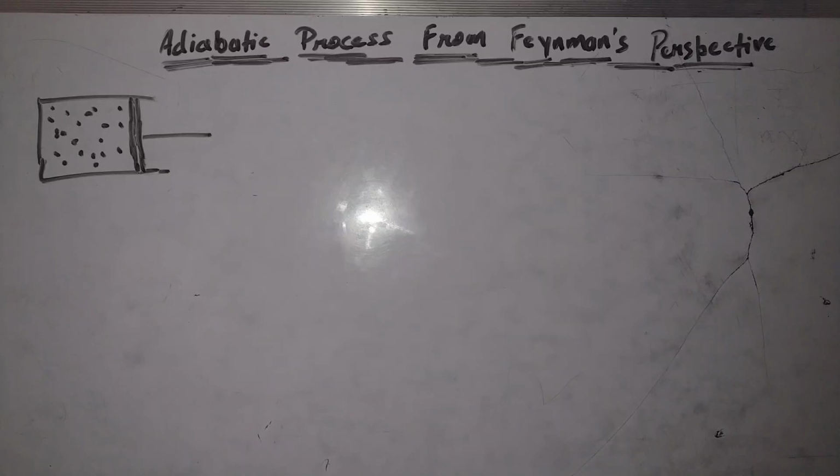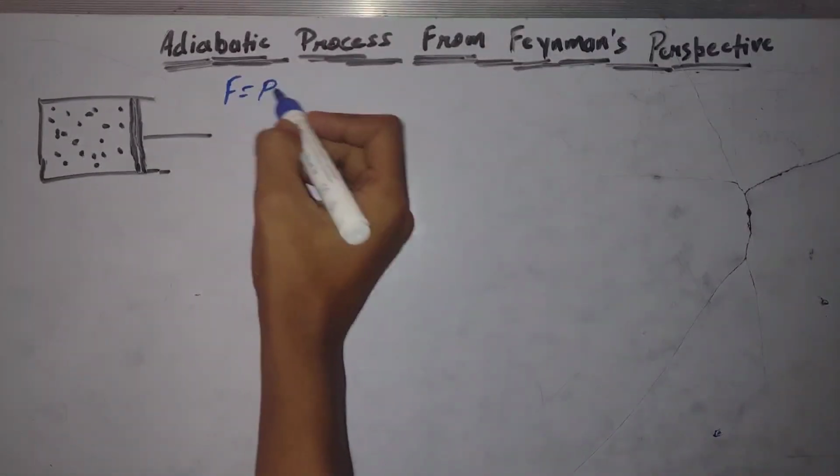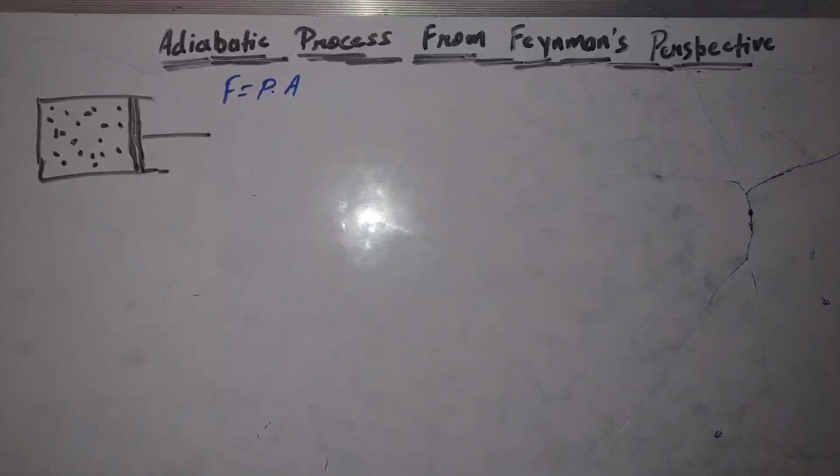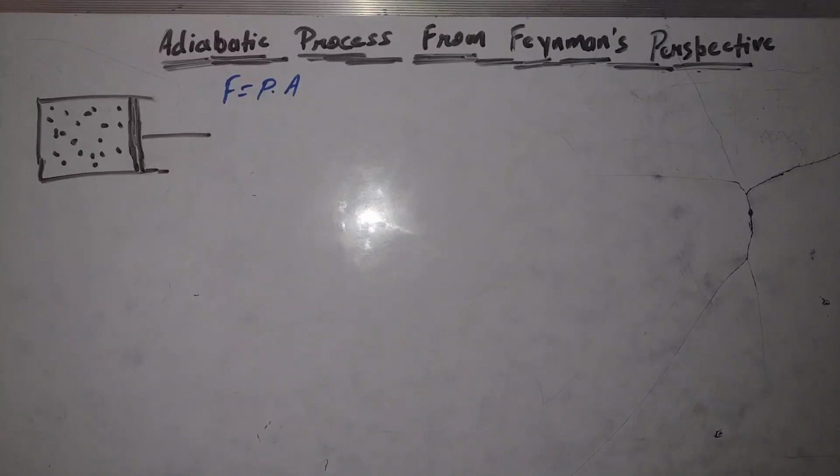Now, first we all have the idea that force is defined as pressure times area. I think this equation is known to all. But what else can we think about force?